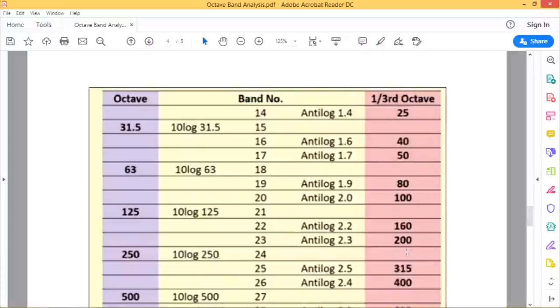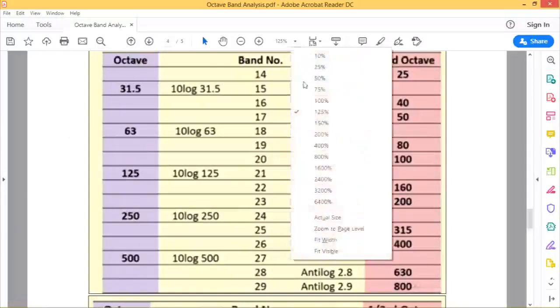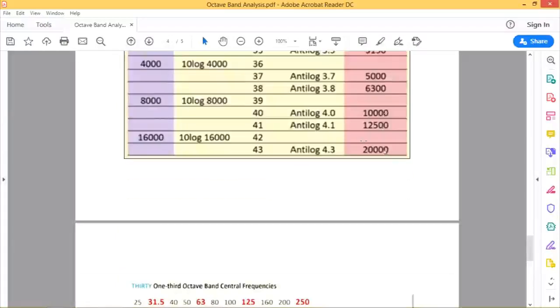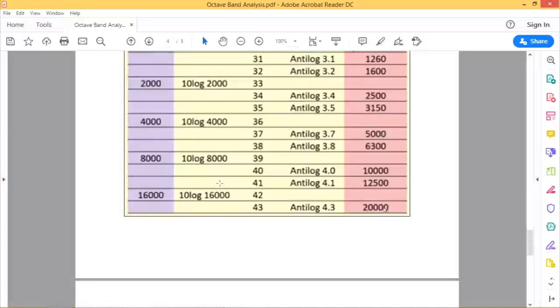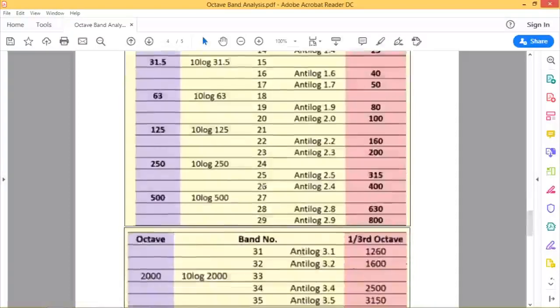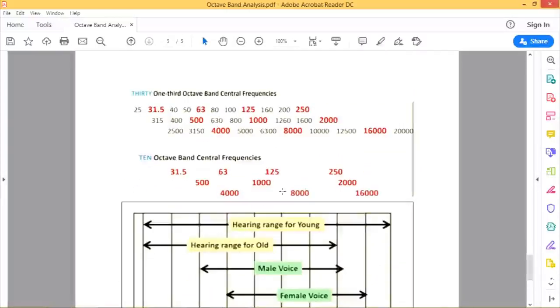The 1/3 octave band series is from 25 to 20,000, including all the given octave bands: 25, 31.5, 40, 50, 63, 80, 100, 125, 160, 200, 250, 315, 400, like this up to 20,000. From the calculation, if you count, you will get 30 1/3 octave band central frequencies from 25 to 20,000 Hz.